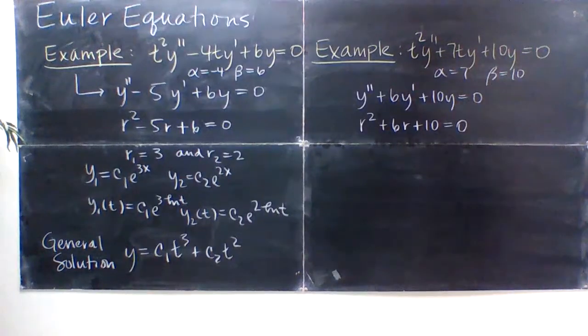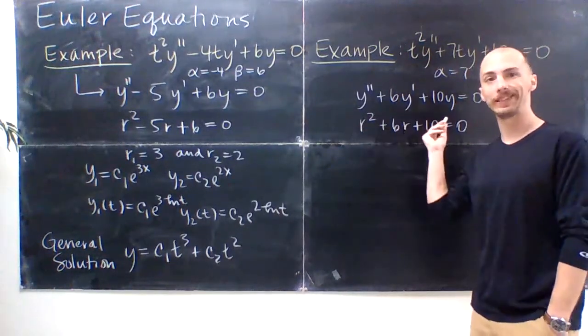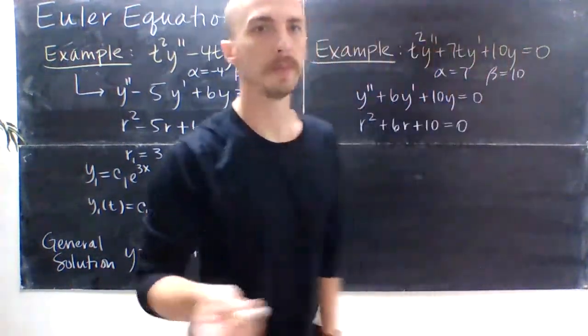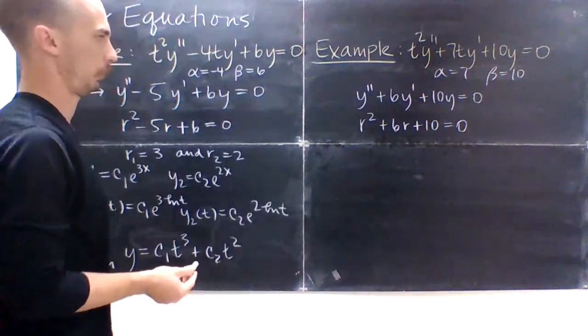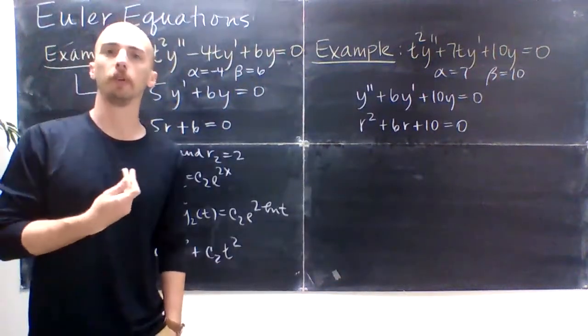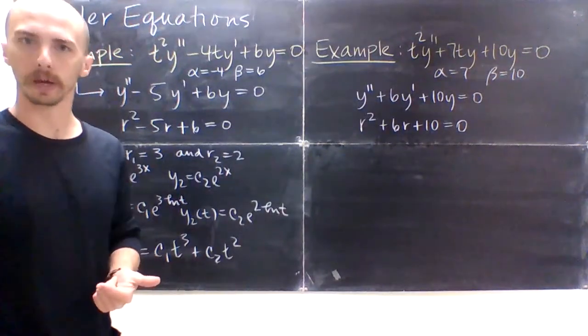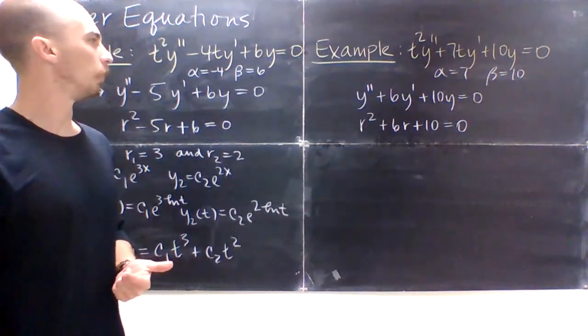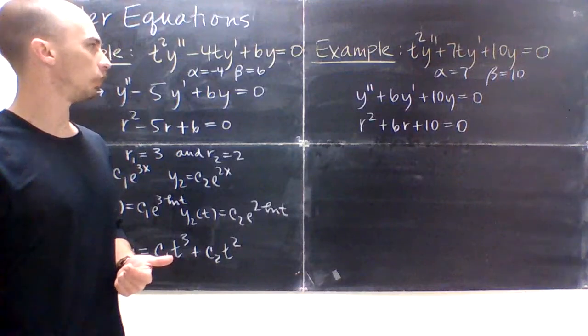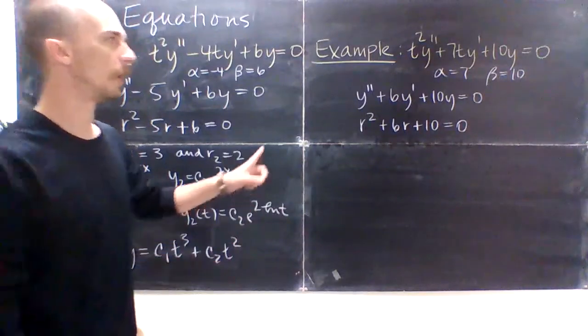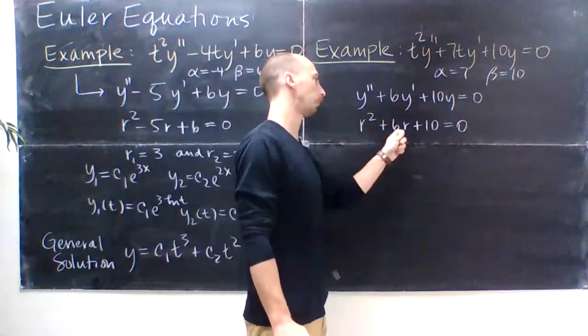b squared minus 4ac is negative, meaning this is going to come back with complex roots. Me personally, rather than using the quadratic formula on complex roots, I prefer to complete the square. What would be the square here?